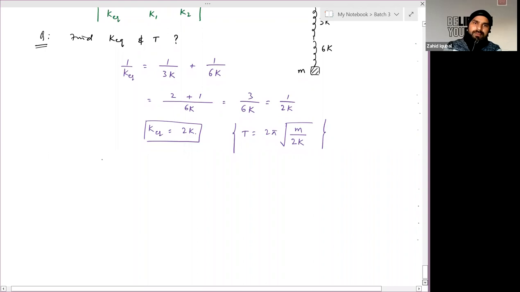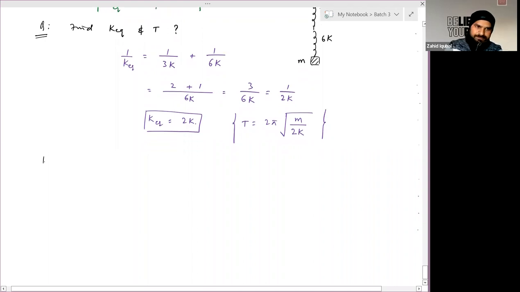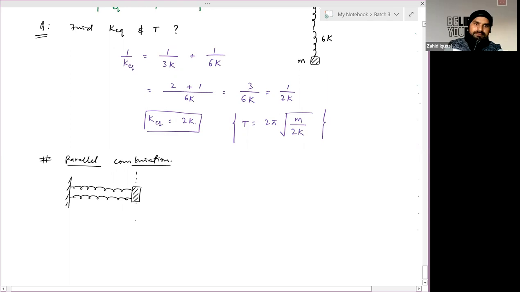Next is parallel combination. Suppose we have a first spring and a second spring attached to a block, mean position this, with spring constant K1 and spring constant K2.